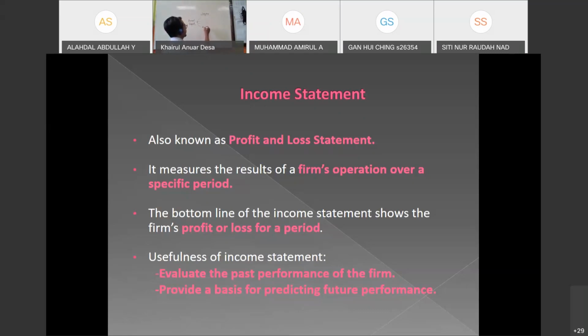audit report. Dan di sini kita ada financial statement.